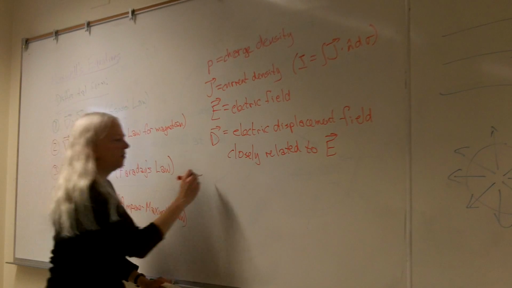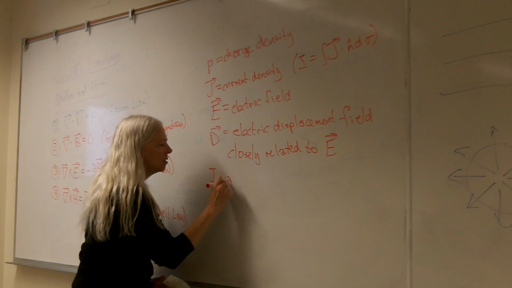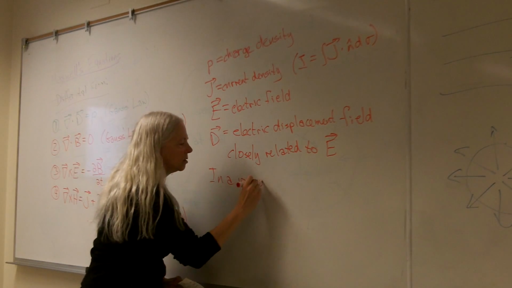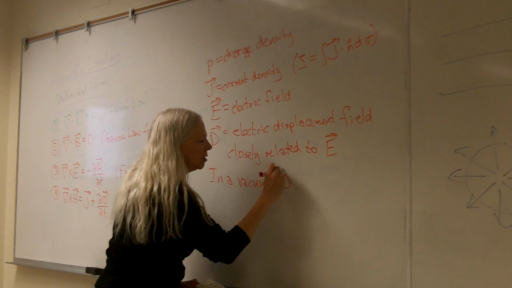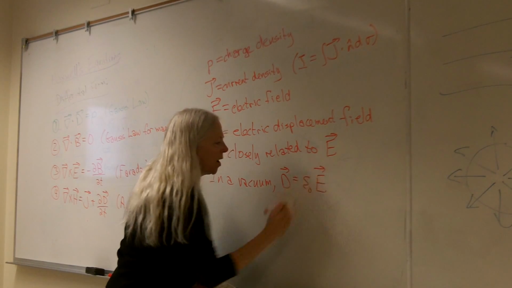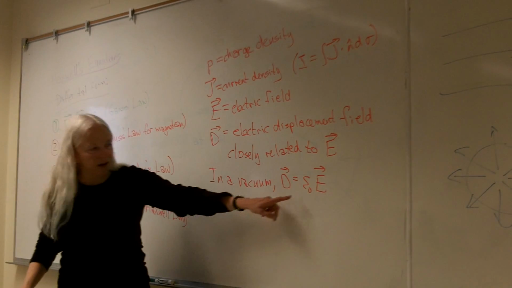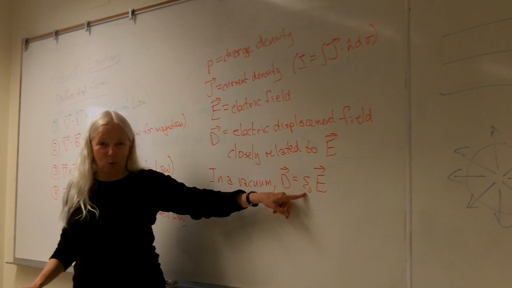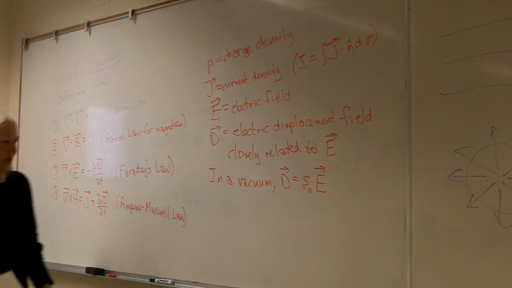In fact, in a vacuum, D is equal to epsilon naught times E, where epsilon naught is a fundamental constant of nature called the electrical permittivity of the vacuum. Okay?